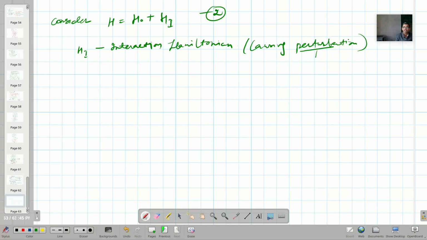And this perturbation is very small. This we have to keep in mind.